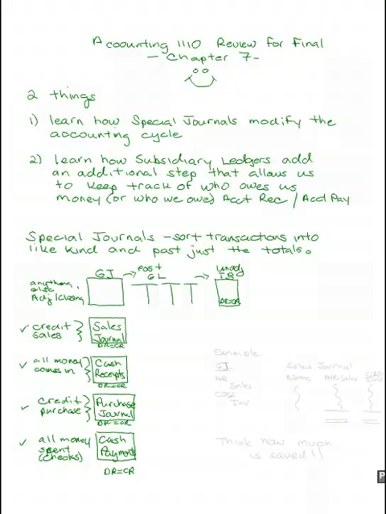What ends up happening, here's an example of what I mean. Instead of recording each sale, accounts receivable and sales, cost of goods sold, and inventory, and making 4 postings for each transaction, that's what we do in the general journal. Sorry, I said ledger. In the general journal, that would be how we would record it.